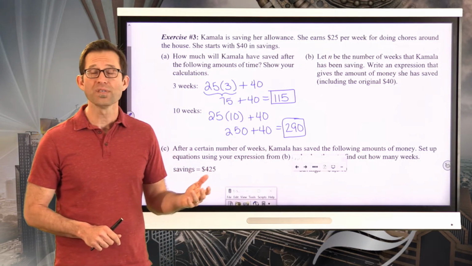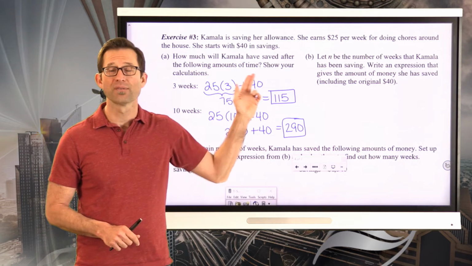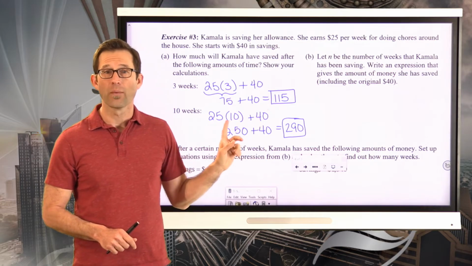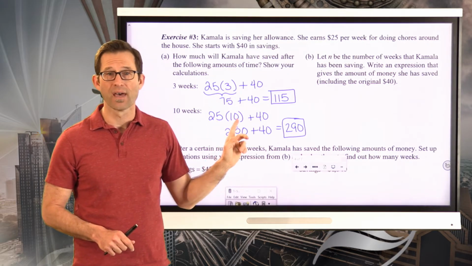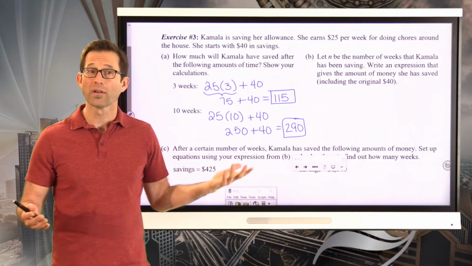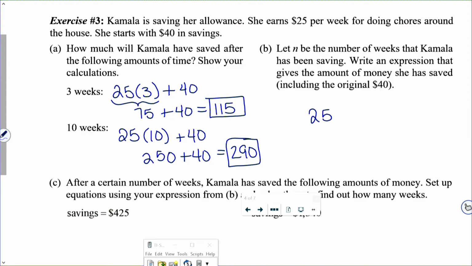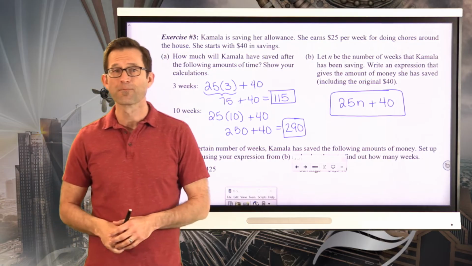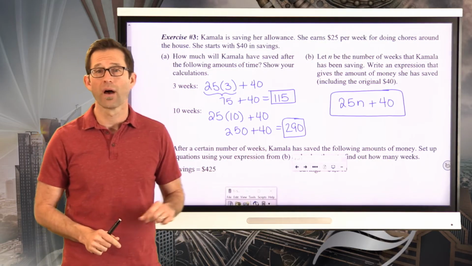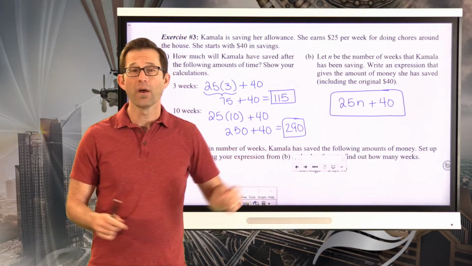Well, when n was equal to 3, we did 25 times n plus 40. When n was equal to 10, we did 25 times n plus 40. So clearly, the answer here is 25 times the number of weeks plus 40. If I take $25 per week, I multiply it by the number of weeks she's been saving, and then I add in that original $40 she saved, then I know how much she saved.